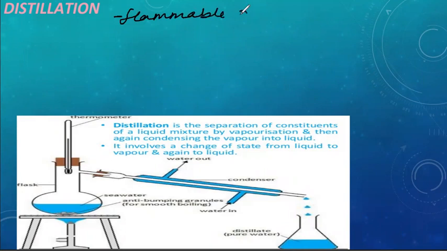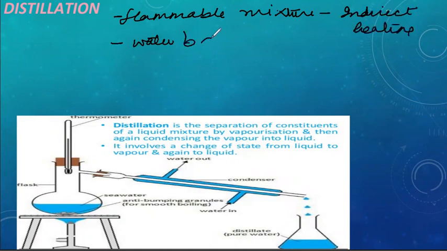We will be doing indirect heating, ठीक है, either through the water bath or through the oil bath or through the sand bath, right?